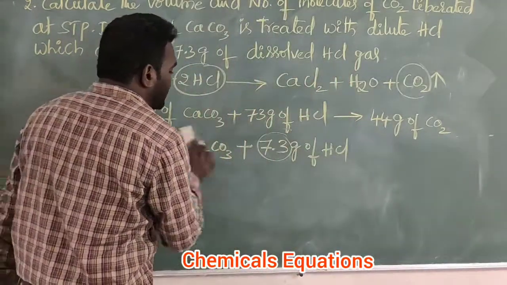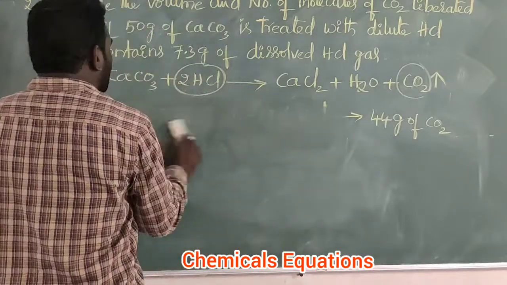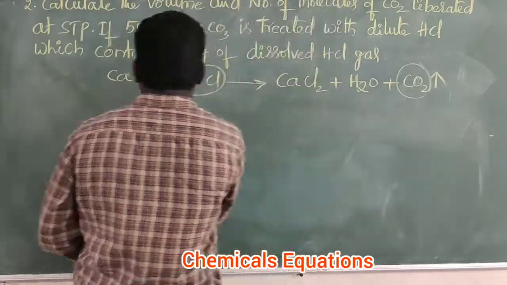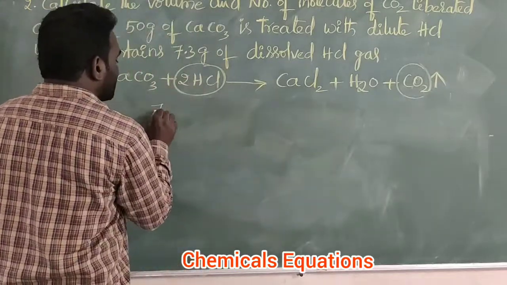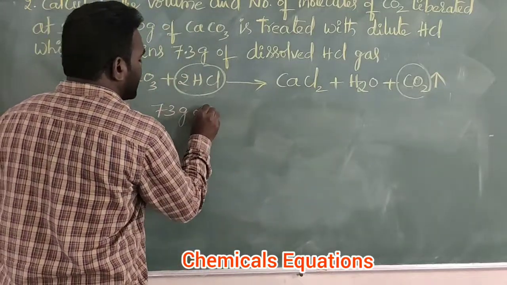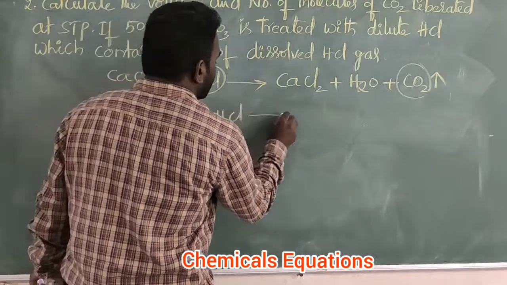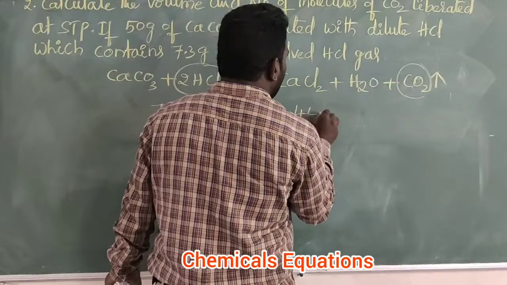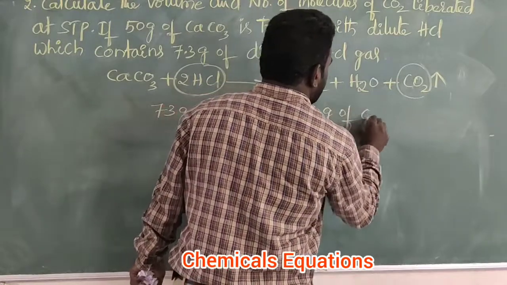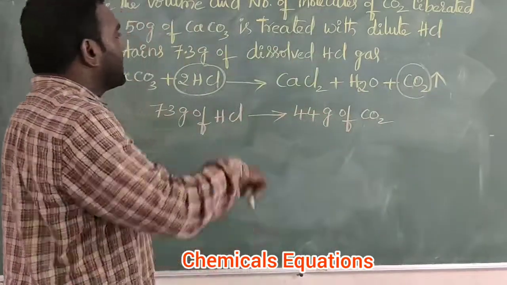So coming to the point, I am writing the relation. 73 grams of hydrochloric acid gives rise to 44 grams of carbon dioxide.